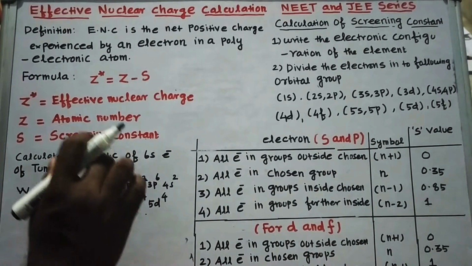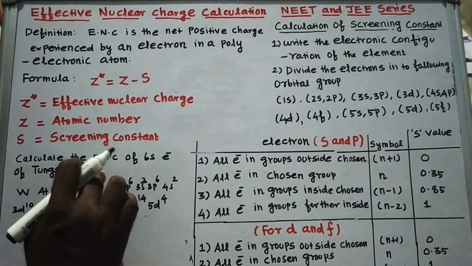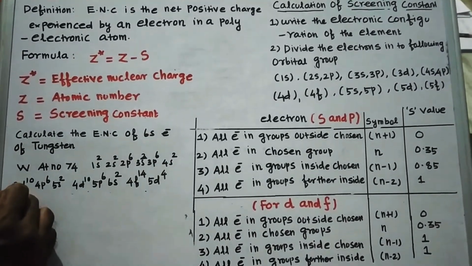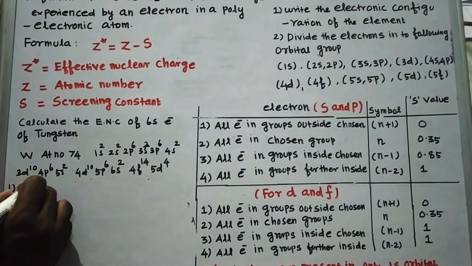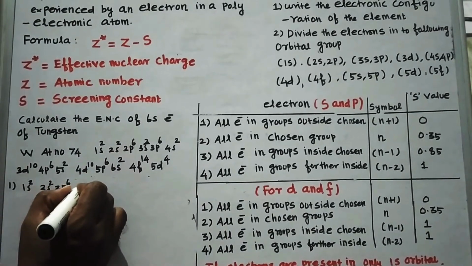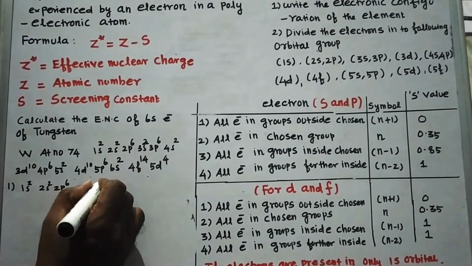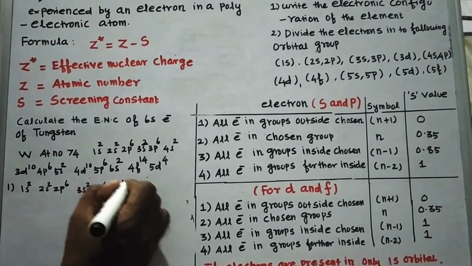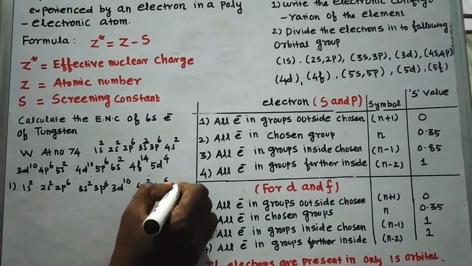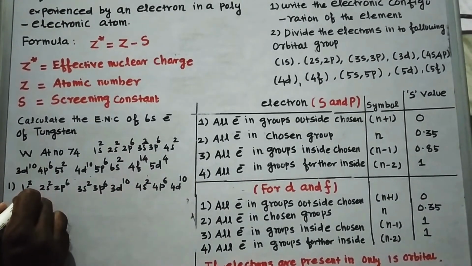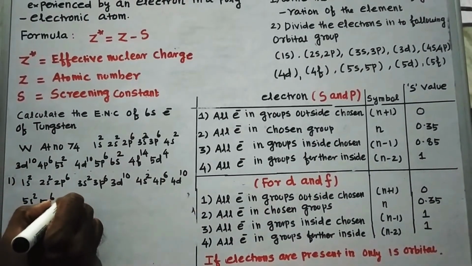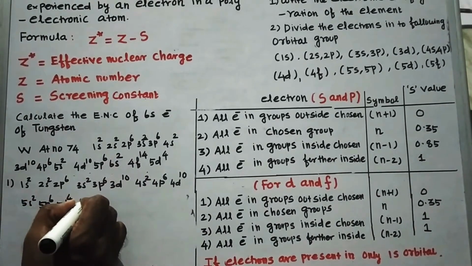Now we are going to rewrite this electronic configuration according to their principal quantum number value. Step 1: 1s2, 2s2, 2p6, 3s2, 3p6, 3d10, 4s2, 4p6, 4d10, 5s2, 5p6, 5d4, and 6s2.